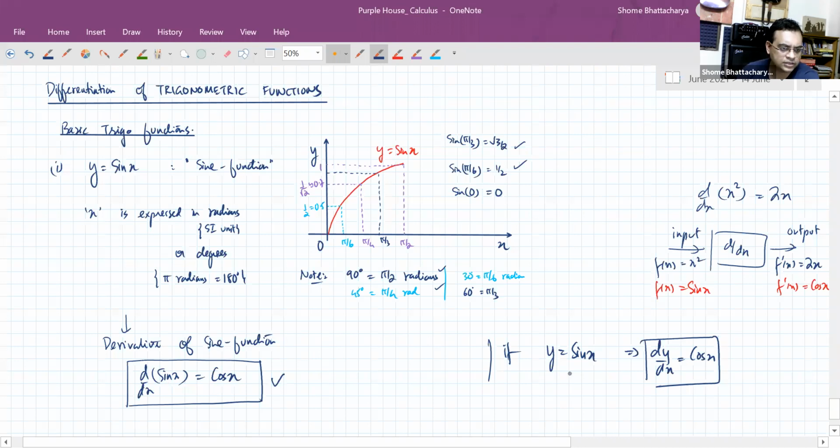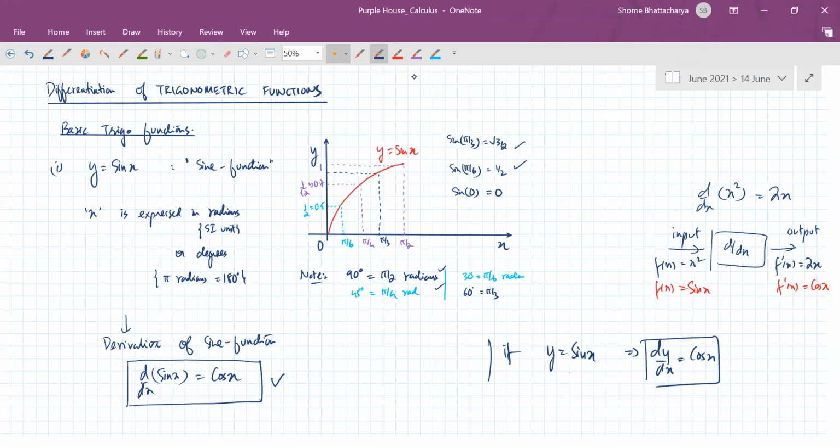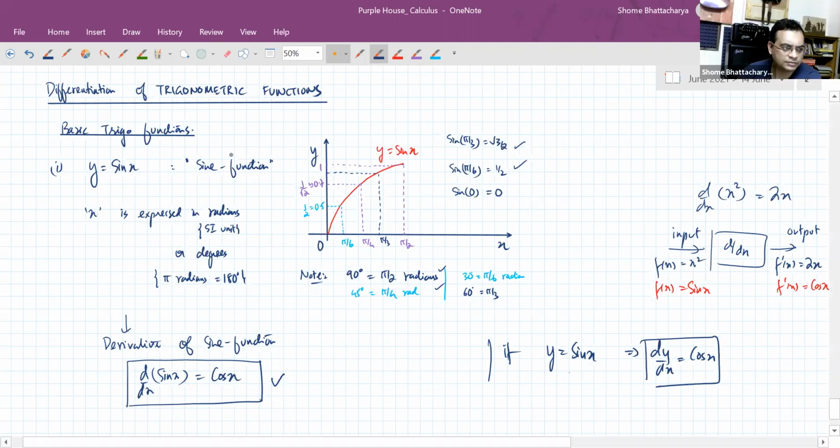The application is that if y is equal to sine x, then dy by dx is cos x. So d by dx of cos x will be? That is something different, we'll come to that, beta. So far we have seen only the first formula of trigonometric functions: when the function is sine x, the derivative is cos x. Understood?